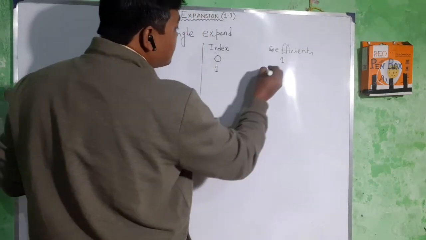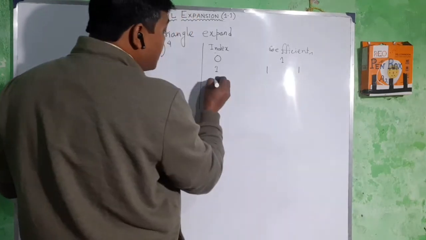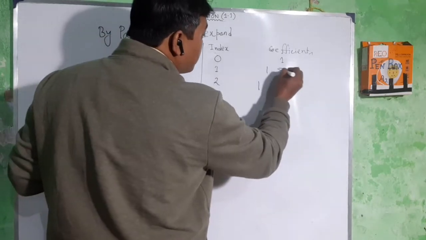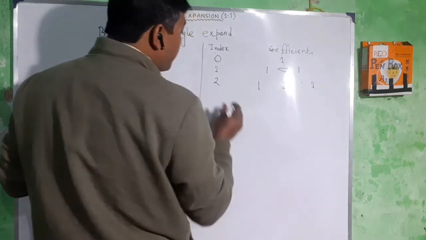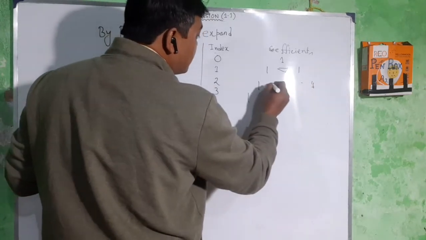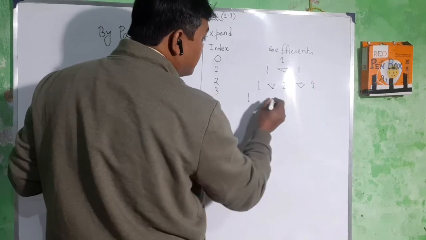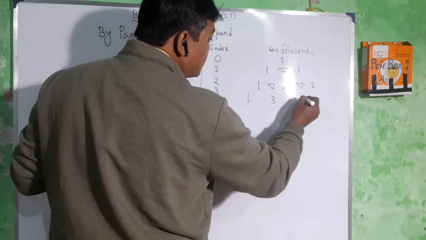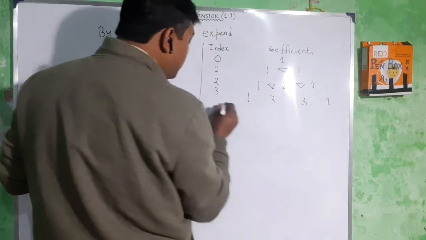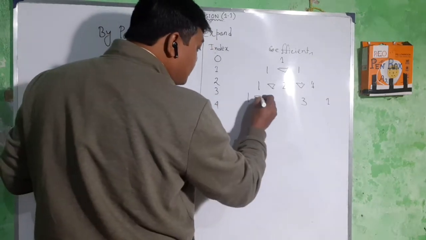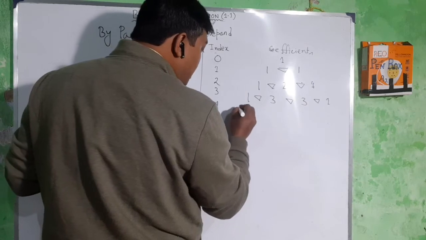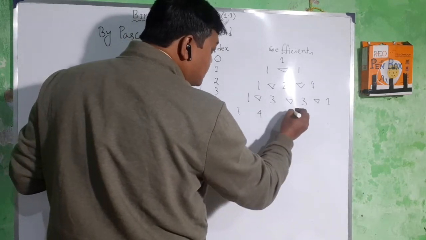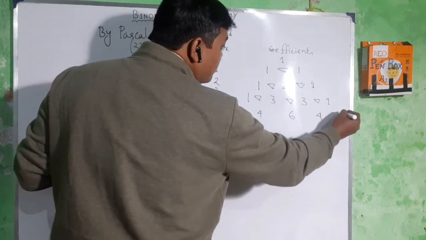For index 1, the coefficients are 1, 1. For index 2, I use the Pascal's triangle: 1, 2, 1. When 3, this gives 1, 3, 3, 1. When 4, I use the Pascal's triangle: 1, 4, 6, 4, 1.